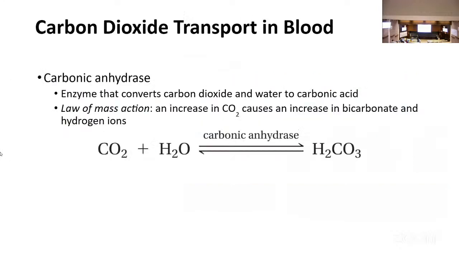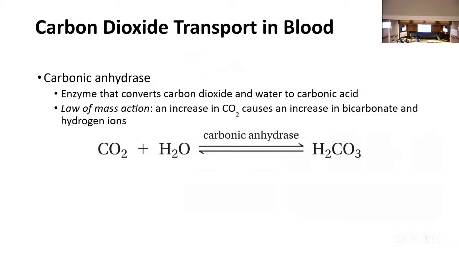Okay. So here's what that reaction looks like between carbon dioxide and water using carbonic anhydrase as our enzyme. So we take our CO2 and water, which is everywhere in your body, inside your cells, outside your cells. Carbonic anhydrase combines those into our carbonic acid, which is what you see on the right-hand side of this equation.